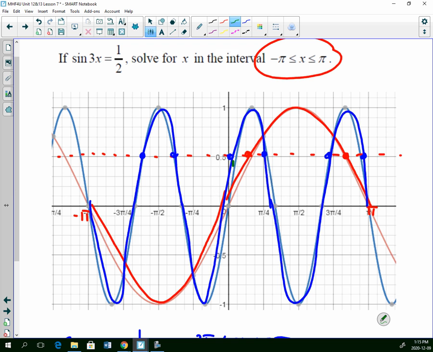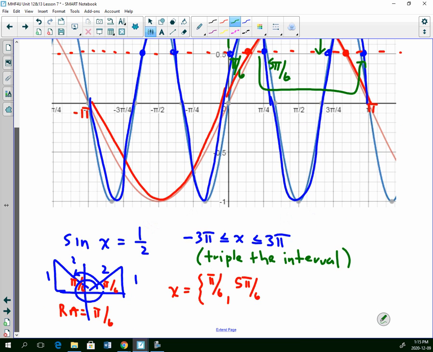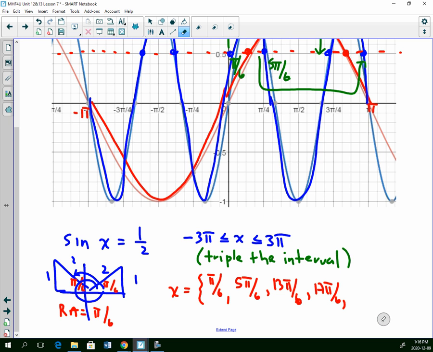I just found this one to be pi over 6 and this one to be 5 pi over 6. These are going to repeat to the right. I can see them again. So I'm going to add 2 pi to pi over 6 and 5 pi over 6. So that would be 13 pi over 6 and 17 pi over 6.